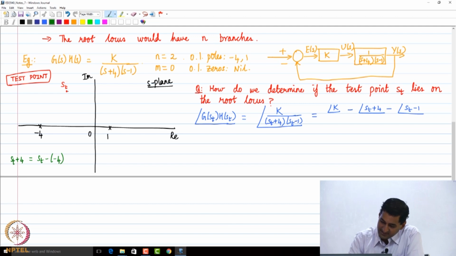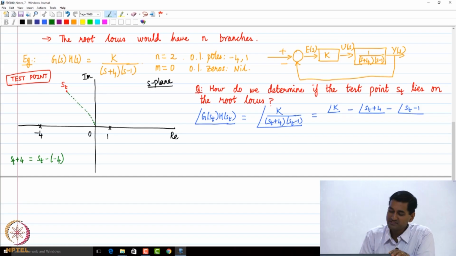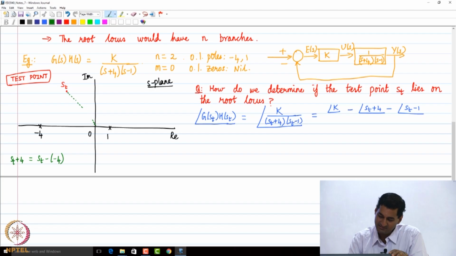The vector St is going to be, oops, let me try to draw a straight line. It's not very straight, but you get the point. So, this is the vector St.